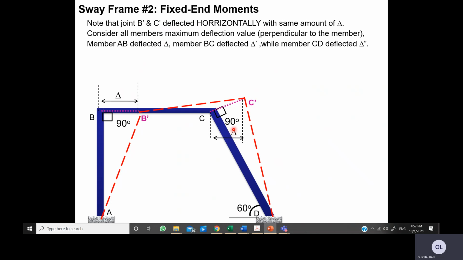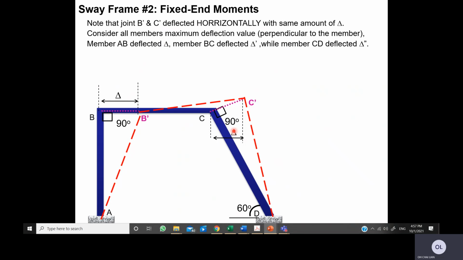So therefore, I can put delta here as well. B to B prime or C to C prime must have the same horizontal deflection. This is our assumption, and you must apply that. So we can put delta for both of these horizontal deflections.